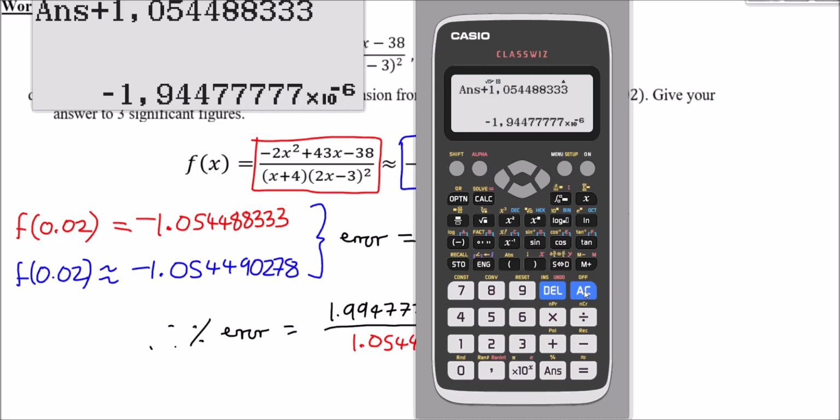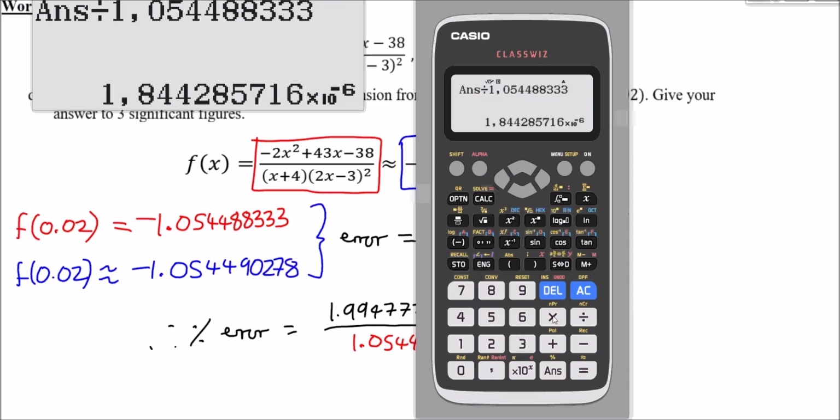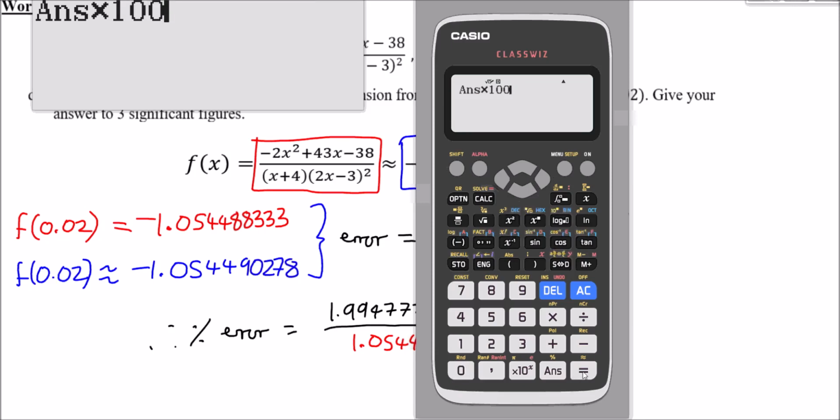I'm just going to times that by -1 to make it nice and positive. Then I'm going to divide that by the size of the actual, 1.054488333, times by 100. We get that. So it's times 10 to the -4.